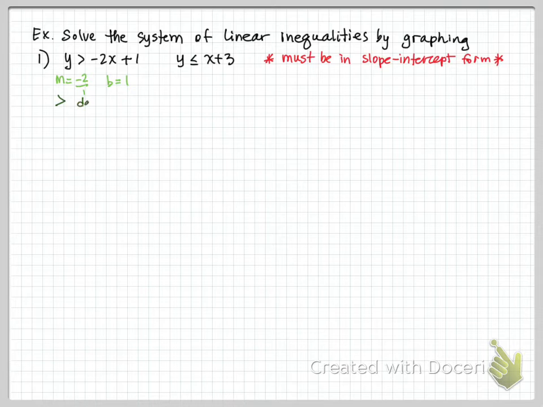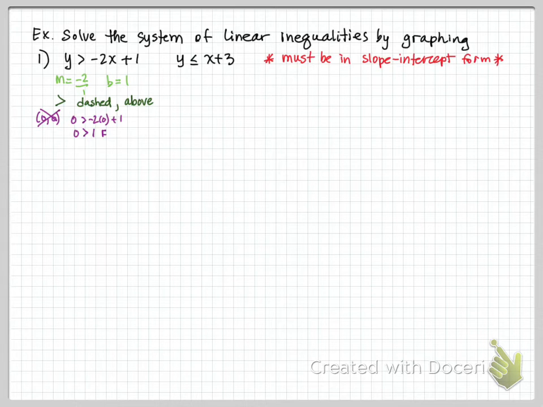But it's going to be a dashed line, and it's going to be shading above. So I'm going to go ahead and test 0, 0. Zero is greater than 1. That's false, so what it says is this line will not be shaded over 0, 0.